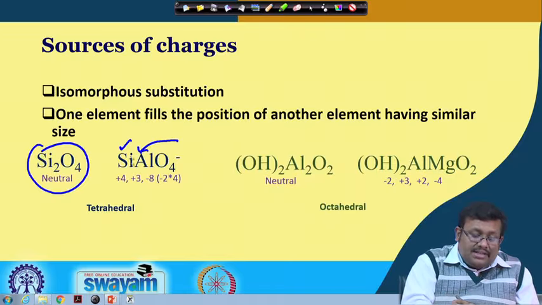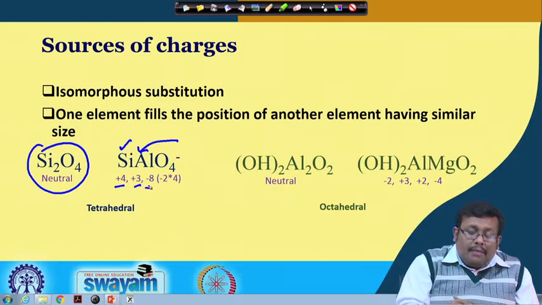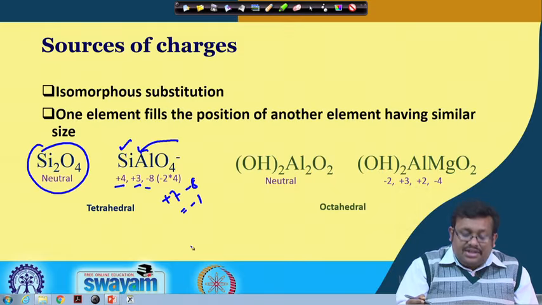Because silica is +4, aluminum is +3, and O4 means -8. So here +7 -8, that means -1. So there is a negative charge generation.